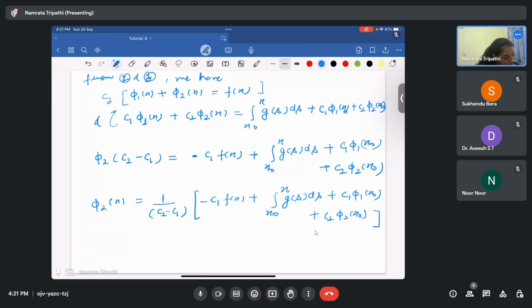Fine. Now similarly you have to calculate the value of phi 1. Again you can multiply with C2 and you can subtract. What will be the expression of phi 1 of x? Tell me.